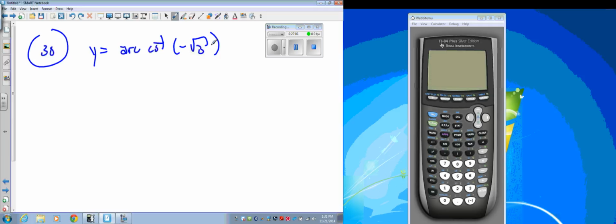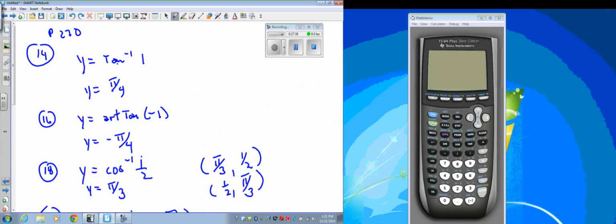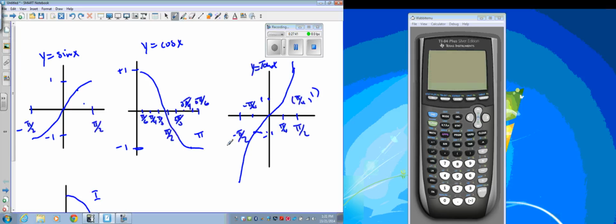Okay, now when this thing is a negative square root of 3, remember that we talked about it last time, that when you get done and get the answer, you have to add pi or add 180 degrees to your answer, because your calculator doesn't have cotangent inverse. You only have tangent, and we only have tangent back here. So we got to convert cotangent to tangent.